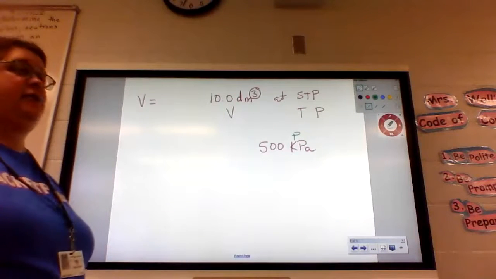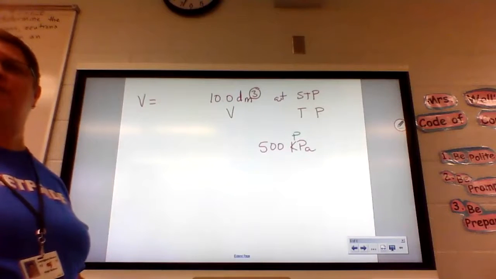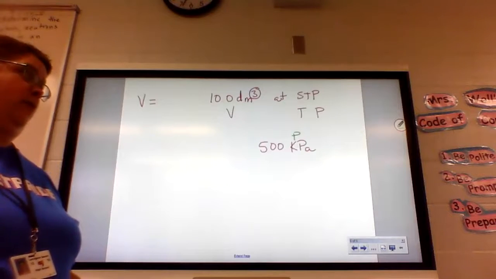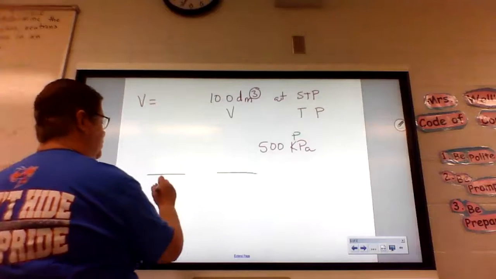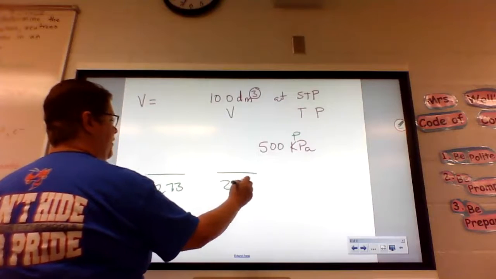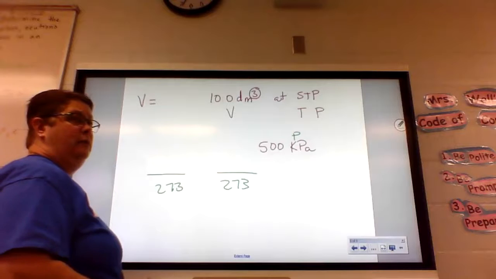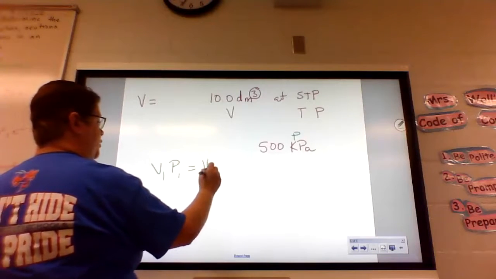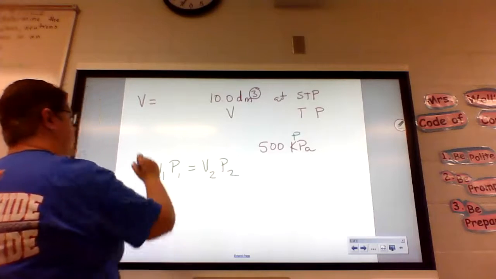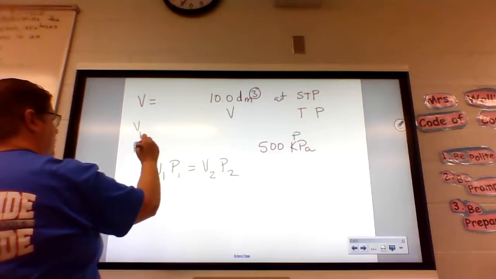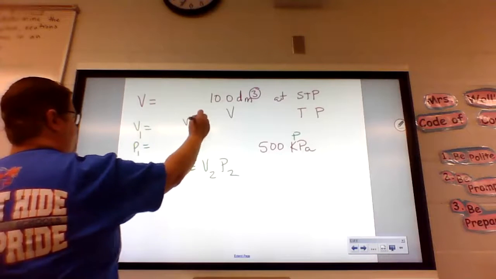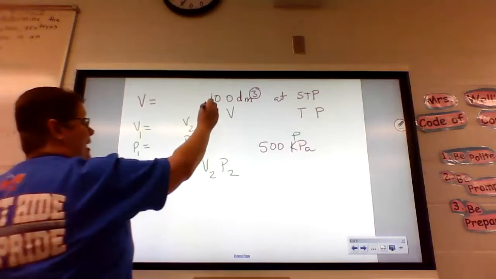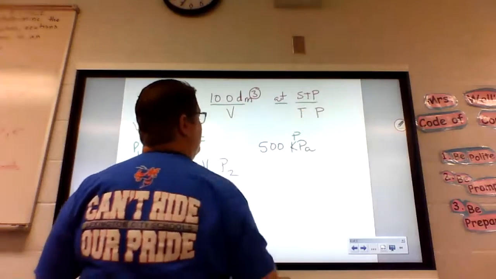And it said constant temperature. Now, they told us the temperature is standard, but they also said it's constant. So do I need to use it? I wouldn't use it. You can plug it in if you want, but on the bottom you're going to have 273 and 273 if they say it's constant. I'd leave it out. I'd use V1 P1 equals V2 P2. So what's V1 and P1 and V2 and P2? Well, what has to stay together? See how it said 10 decimeters at STP?